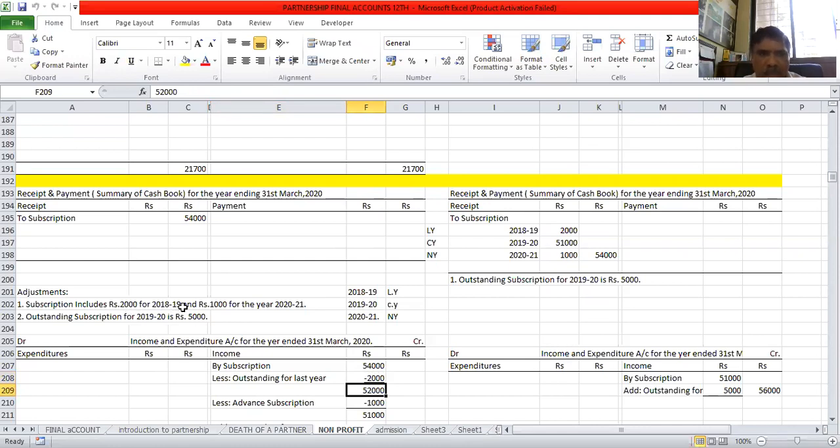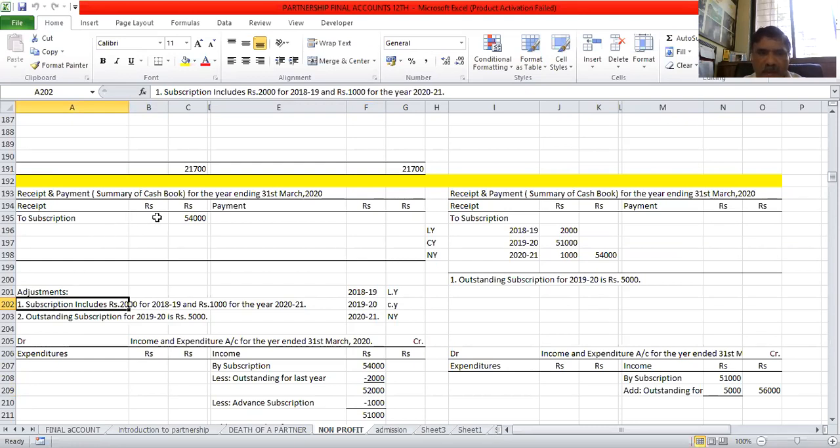Then I continue with the adjustment that 1,000 is for the year 2021. So 2021 is the next year. It means next year's income received in the current year, which we call subscription received in advance. In the current year we are receiving the advance subscription.